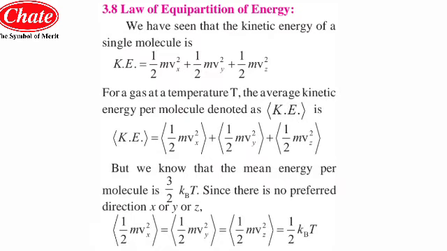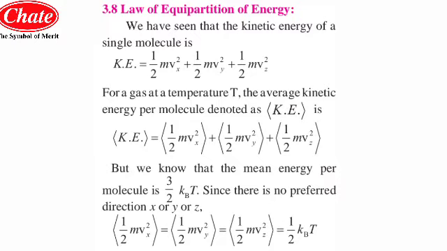Now students, the next part of this chapter we are going to see is the law of equipartition of energy. Now we have seen that the kinetic energy of a single molecule is K is equal to half m vx square, where m is the mass of that particular molecule and vx is the velocity with respect to the x axis.